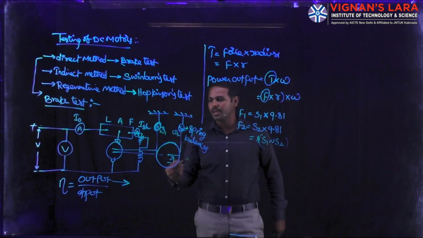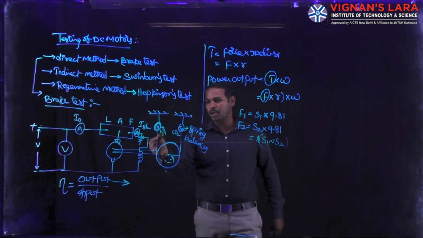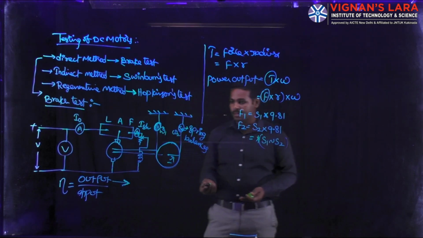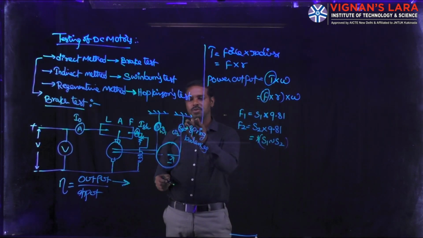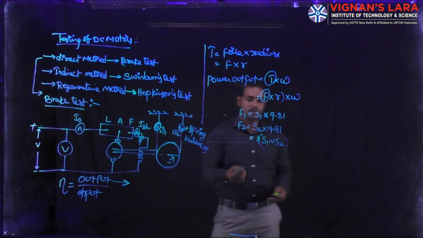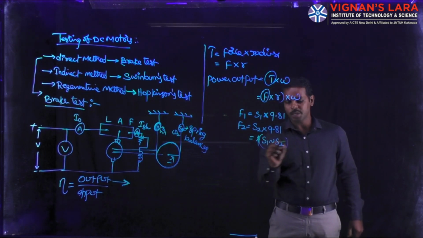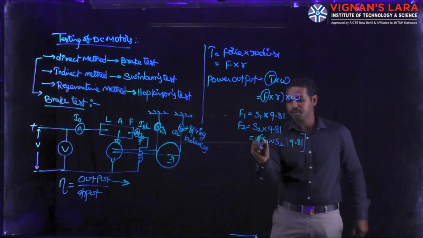Based on our convenience, we can use spring balance 1 to apply the load on the motor while S2 is in rest position. Otherwise, based on our convenience, spring balance S2 is used to apply the load on the motor and S1 is constant. So that's why S1 minus S2 is multiplied with 9.81. This is the value of force.